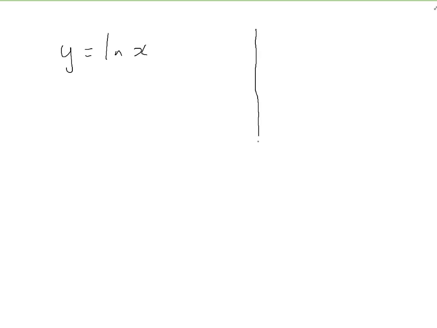So you've got some graph like this, and you want to find the gradients of log x. So at the moment we don't have a rule for this, but hopefully you know that by definition this means that if we take the exponent of both sides, e to the power y is equal to x.